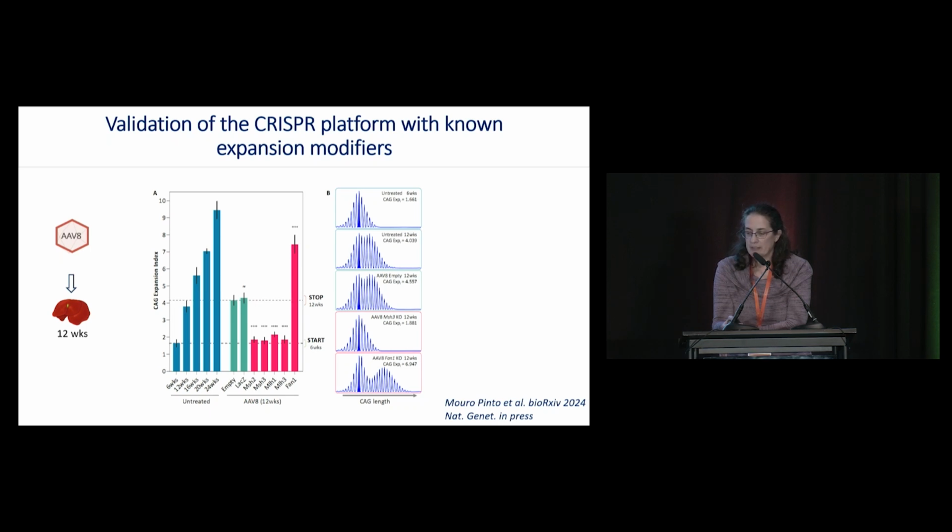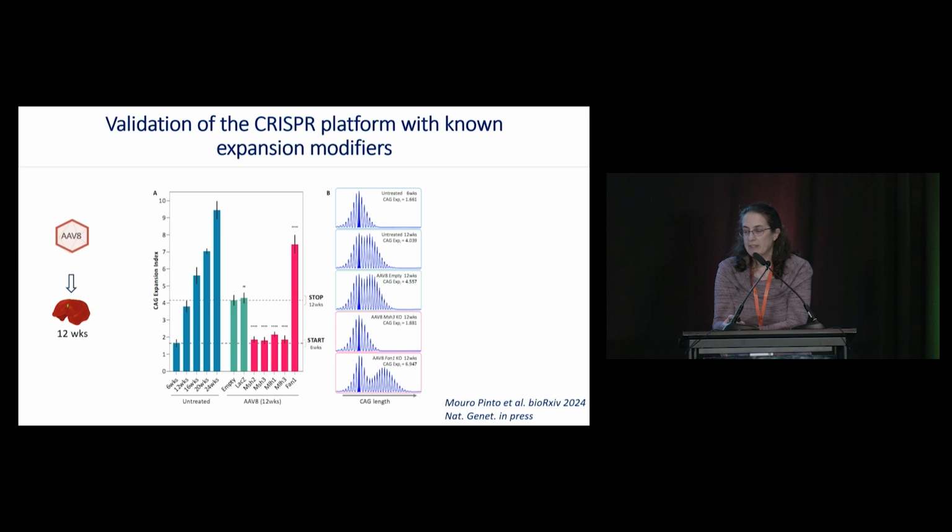And you can see that anything that deviates from those teal bars, that's the MT-treated mice. We have essentially, for those genes, knocking them out, suppressed expansion to that seen in 6-week mice. So these are very strong modifiers, and we can achieve this level of modification using this CRISPR knockout strategy.